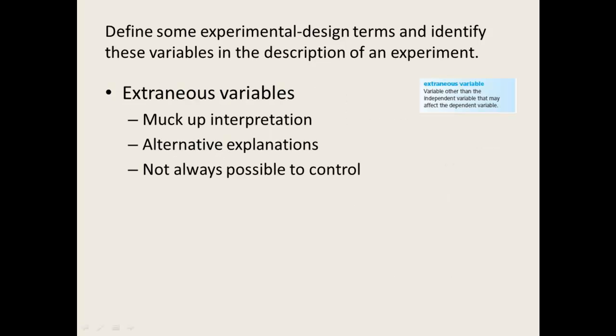A 3rd kind of variable in experimental design is the irksome extraneous variable. Extraneous variables are troublesome to researchers because they can affect the viability of conclusions because there may be alternate explanations to why a change was perceived. For example, an extraneous variable in the previous slide's example might be pain sensitivity.